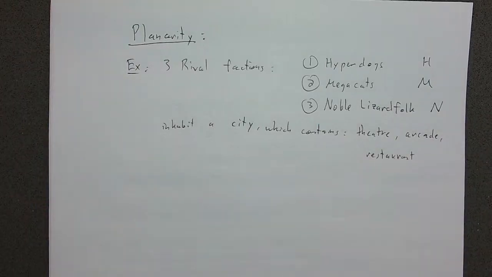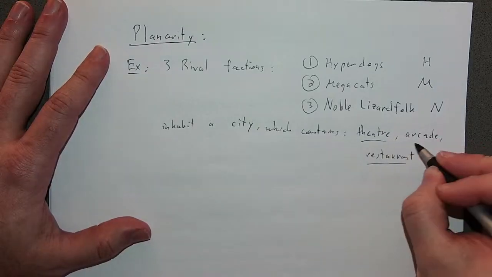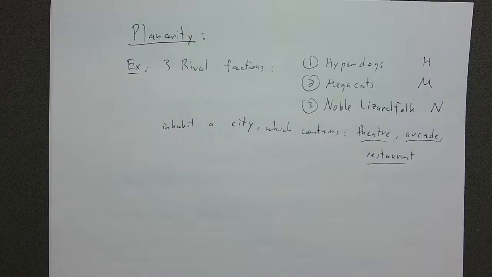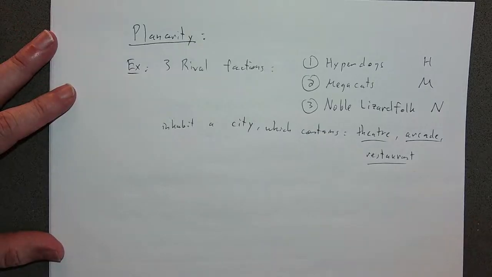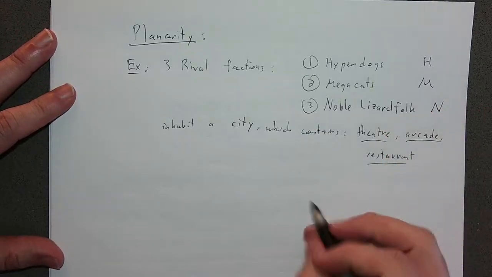I will list that as a single restaurant, but it's understood that this is in a mega plaza. It's like a mall that is only a food court. So imagine a mall, but every store is food. It's just one giant food court. It's a food mall. That's what our restaurant is. So theater, arcade, restaurant. Those are the three things to do. Maybe I call that T, A, and R, right?